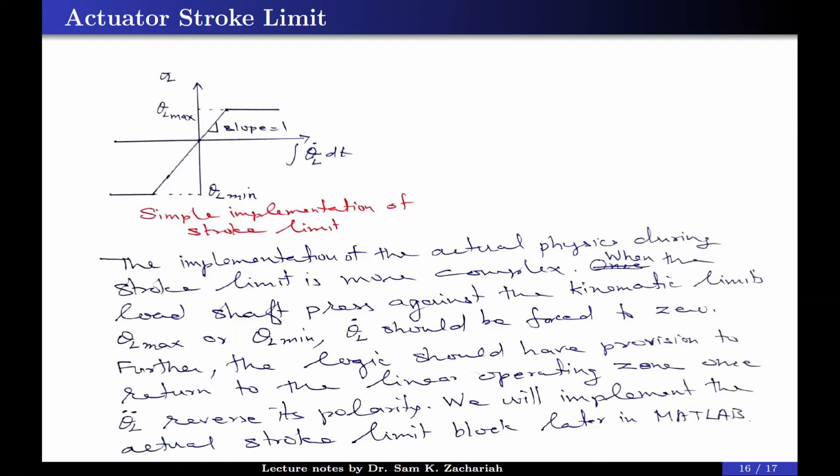Or if there is a coefficient of restitution, if you are considering that kinetic energy will be stored as potential and then come back in the opposite direction, it will bounce back. All such things we can take care of. But now we consider perfectly inelastic impact. So if it impacts, it will simply stop, not bounce back. Okay.